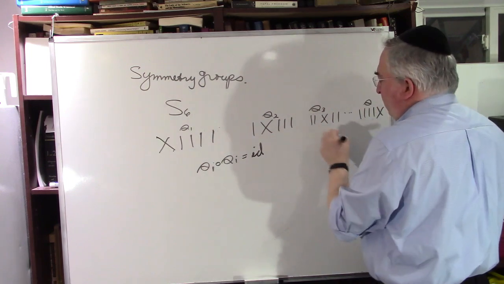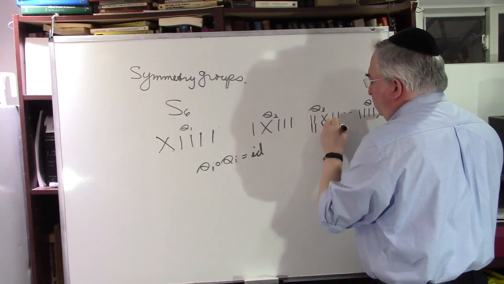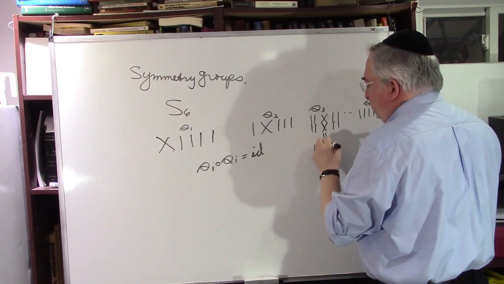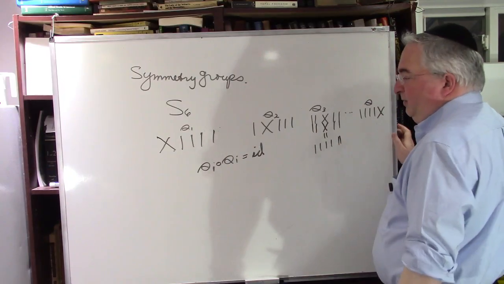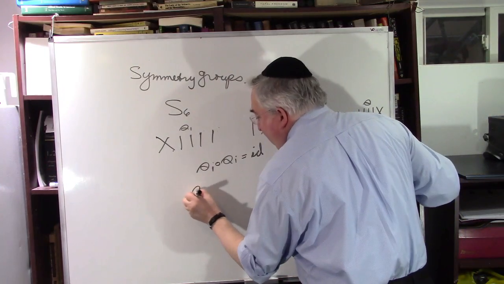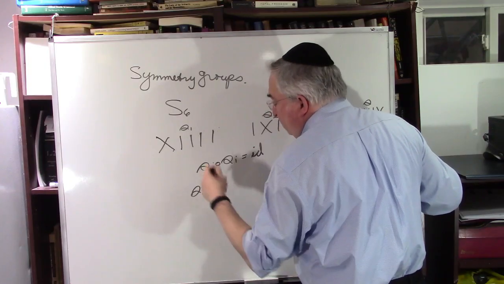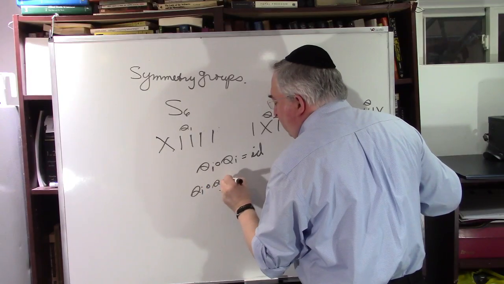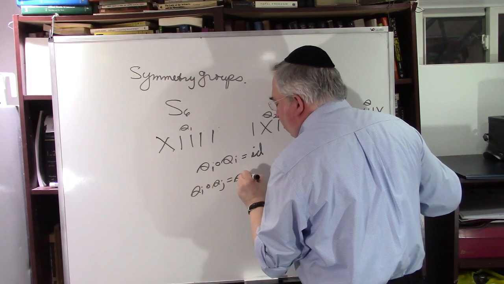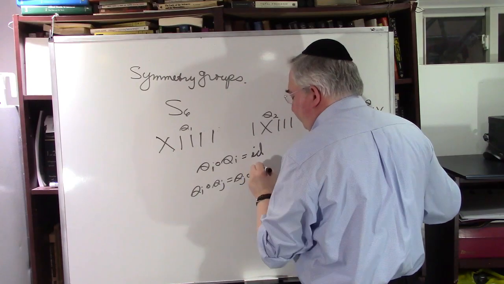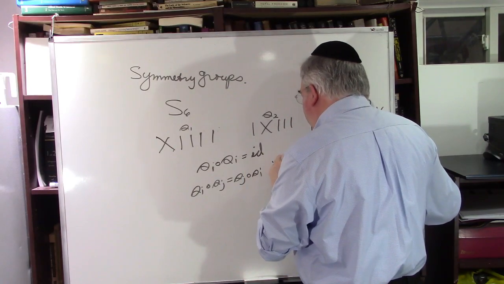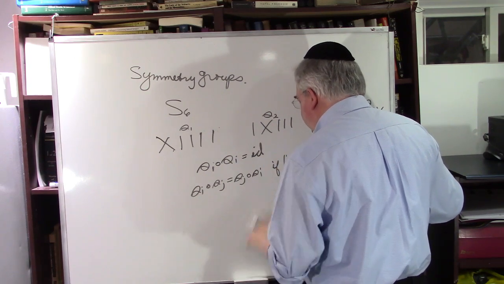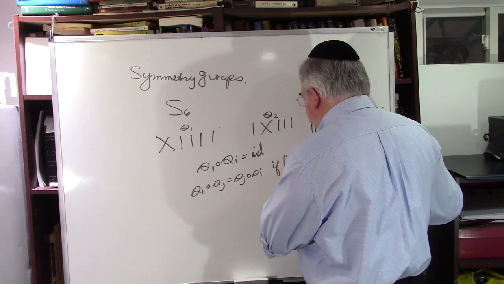Okay, we can see it right here. Let's do this one. Okay, this composed with this is equal to the identity. Another thing, Si composed, and by this I mean group composition or group multiplication, Sj is equal to Sj composed Si, if the distance from i to j is more than 1.